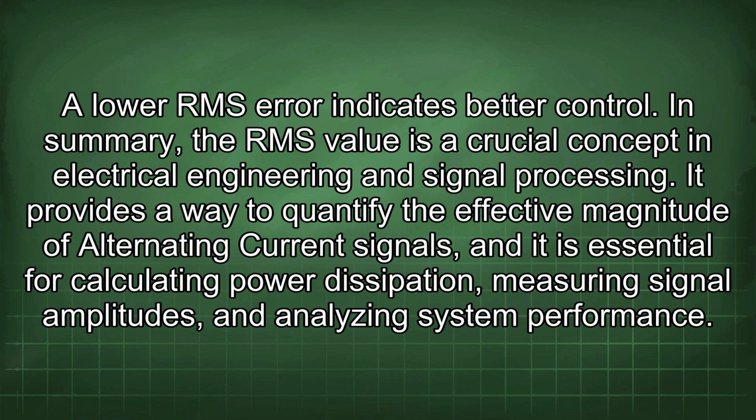In summary, the RMS value is a crucial concept in electrical engineering and signal processing. It provides a way to quantify the effective magnitude of alternating current signals, and it is essential for calculating power dissipation, measuring signal amplitudes, and analyzing system performance.